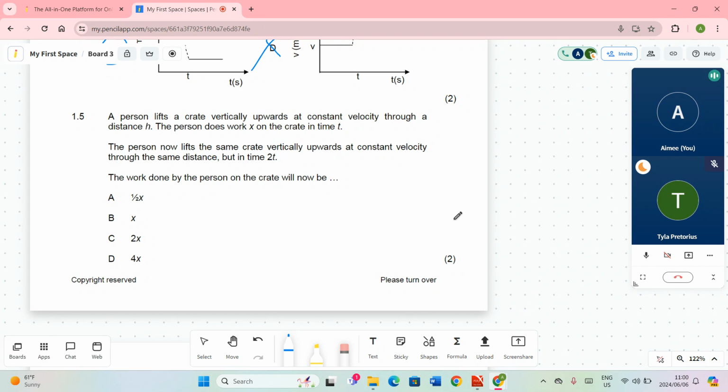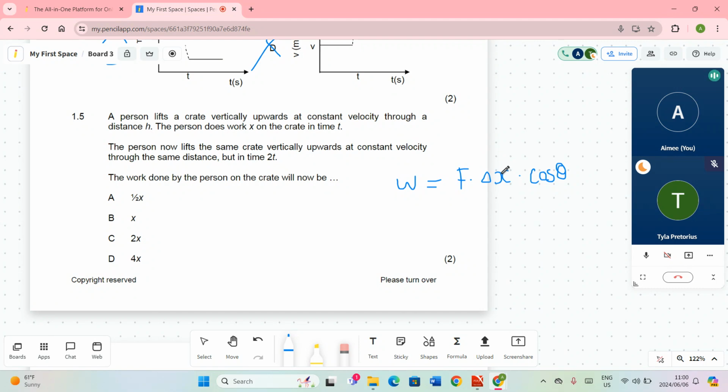Okay, so if we have a look at the formula for work, work is equal to the force multiplied by the change in x, the change in either vertical displacement or horizontal displacement. In this scenario, we're looking at vertical displacement multiplied by cos theta, which is the angle between the direction of your force and the direction of your displacement.